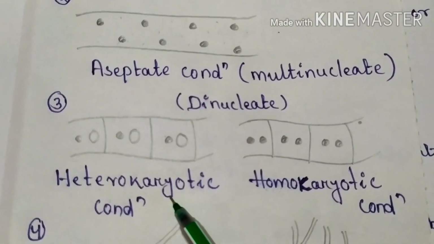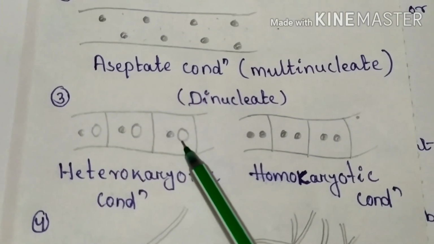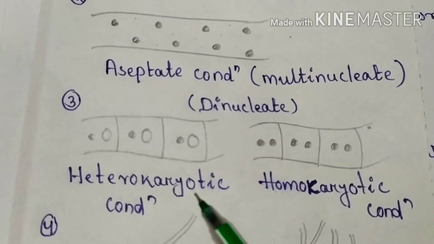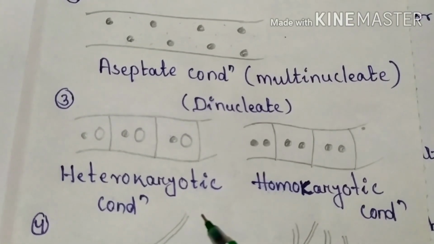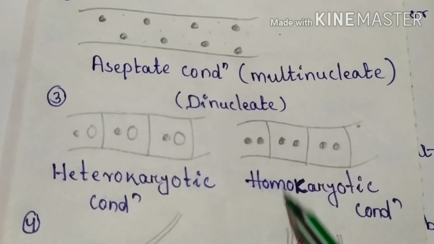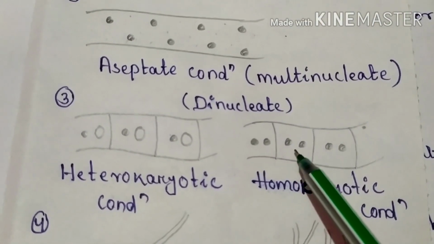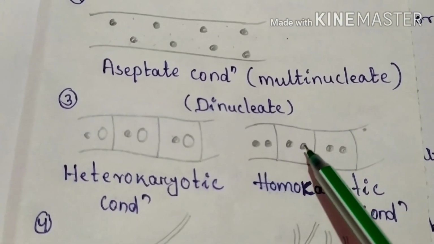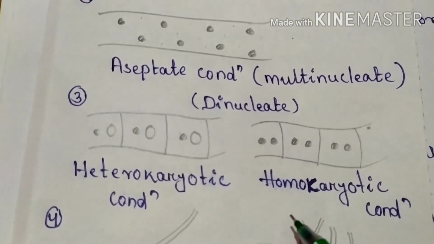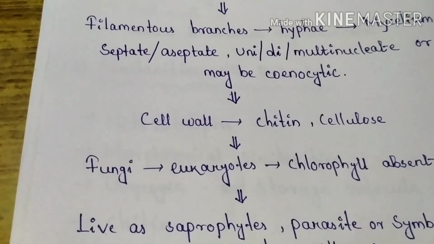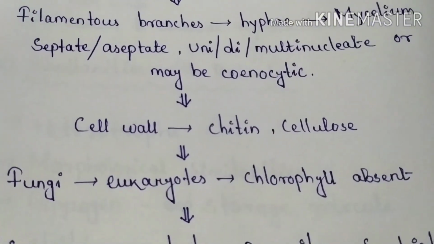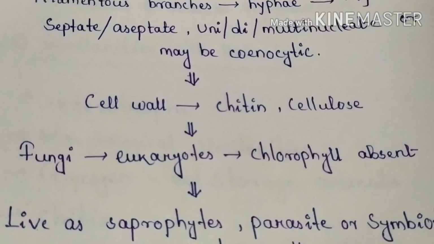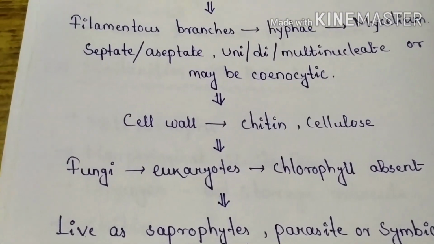Heterokaryotic condition means in a particular cell two different types of nuclei are present, and homokaryotic condition means in a particular cell two similar types of nuclei are present. Clear?